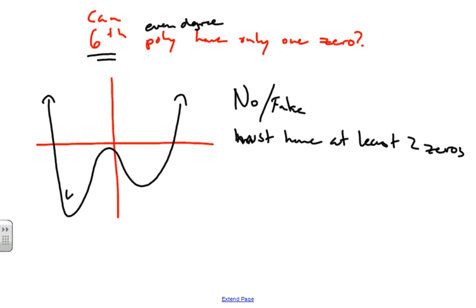Another true and false statement that students sometimes have trouble on is: a graph of a 3rd degree polynomial must fall to the left and rise to the right.